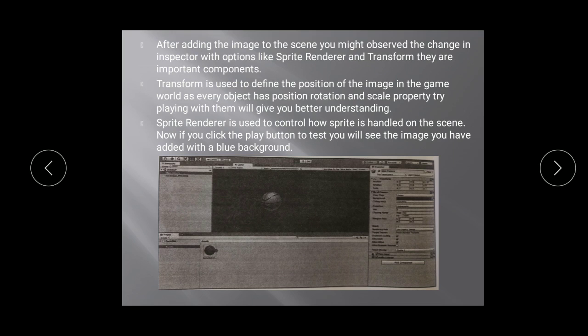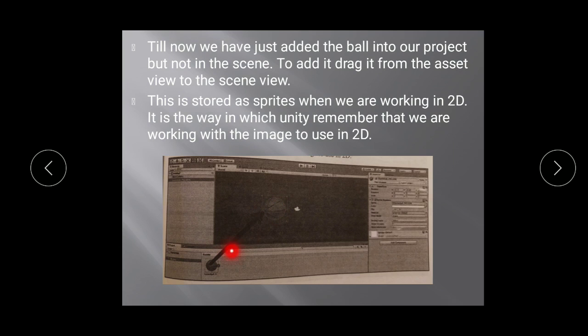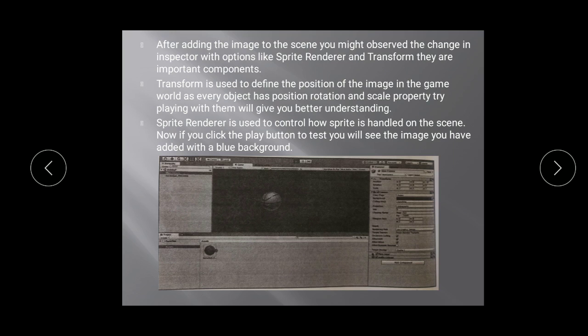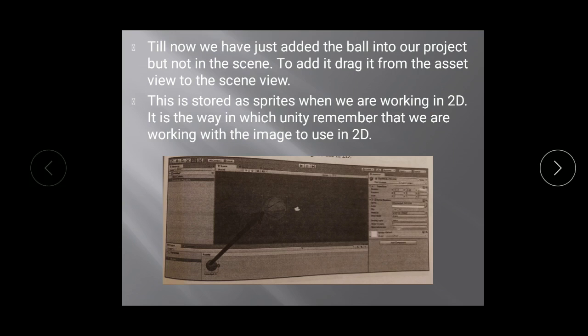After adding the image to the scene view, once your image is dragged to the scene view, as you can see the arrow, you might observe a change in the inspector with options like sprite renderer and transform. They are important components. In the prior view, there was nothing in the inspector.